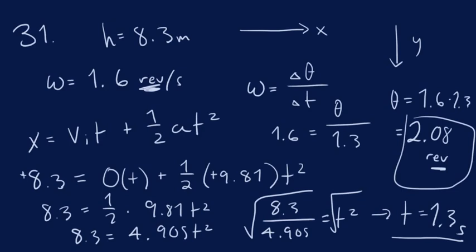Okay, we've made it to number 40. The Earth has a radius of 6.38 times 10 to the 6th power meters, and it turns on its axis once every 23.9 hours.